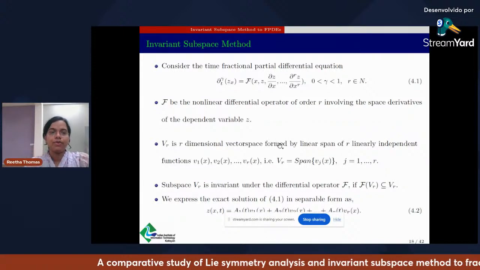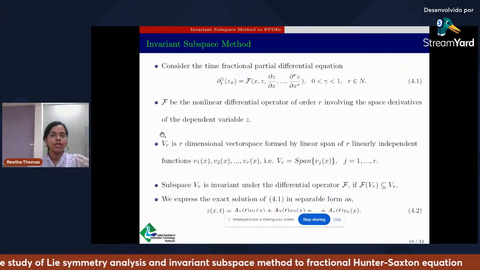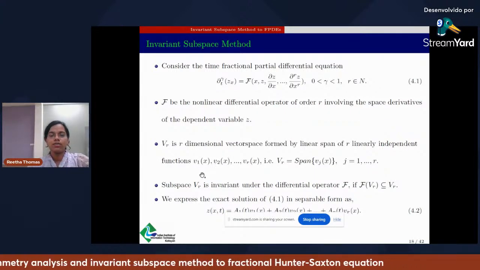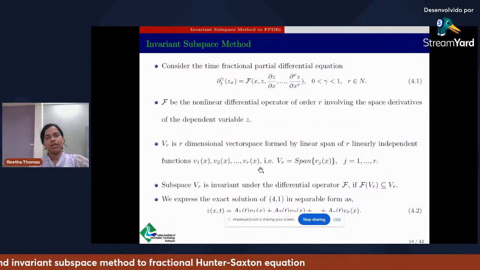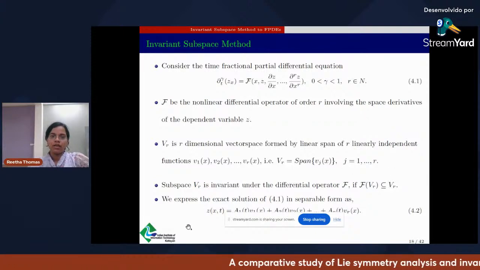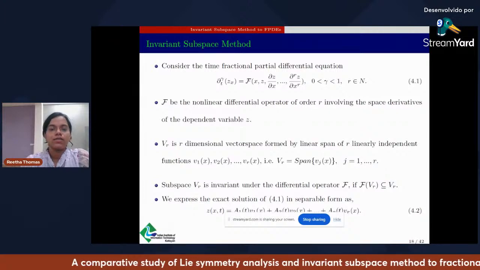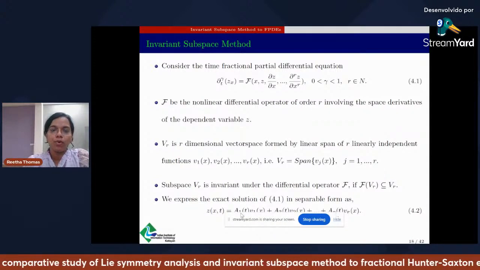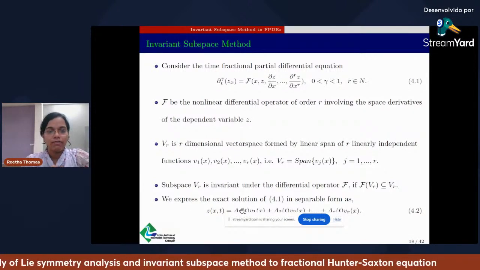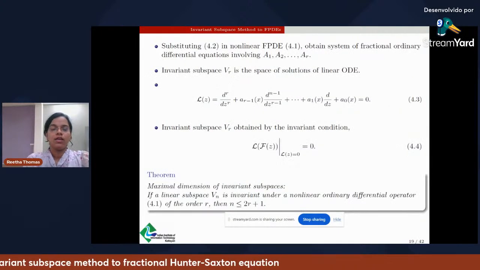And we first obtain the invariant subspace, which is denoted by V, which consists of linearly independent vectors v1, v2, ..., vr. And V is invariant under this operator if this condition holds. And we express the exact solution in a separable form as a1 of t, v1 of x plus etc., ar of t, vr of x.